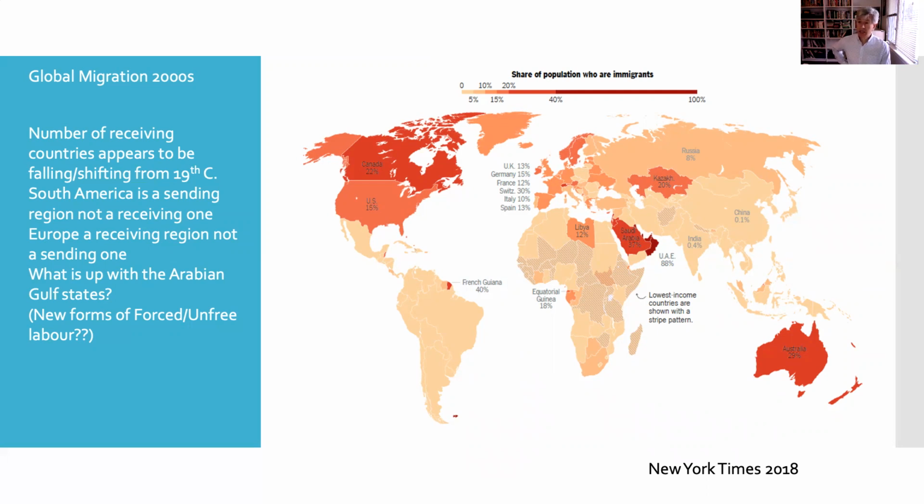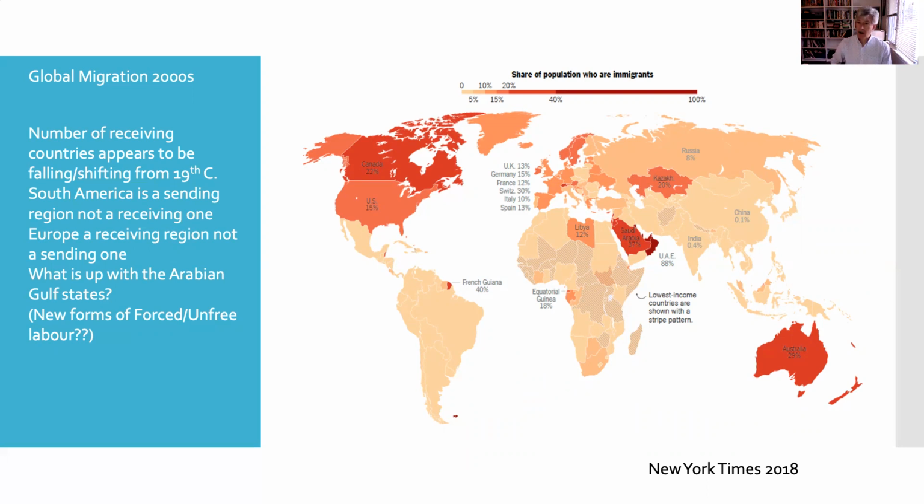I mean, you're going to go to societies that have economic opportunities that promote social, political, economic freedoms. But increasingly, again, Europe, which had been a sending society, is now a receiving society. Since 2000, like I said before, South America is a sending rather than a receiving one.